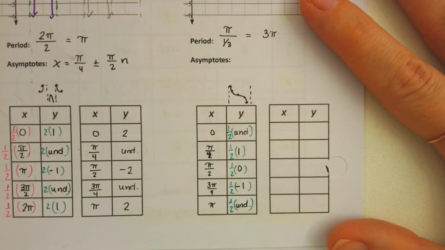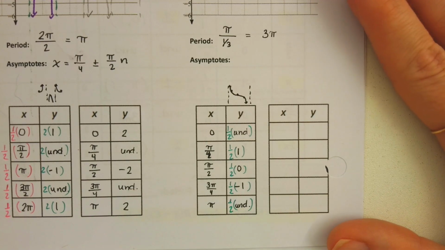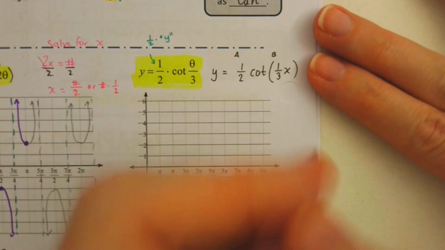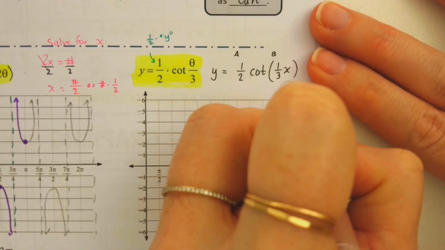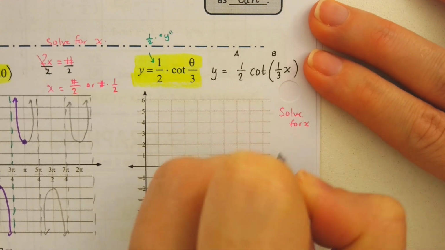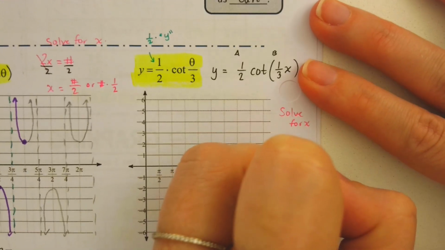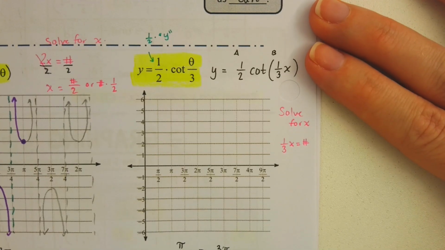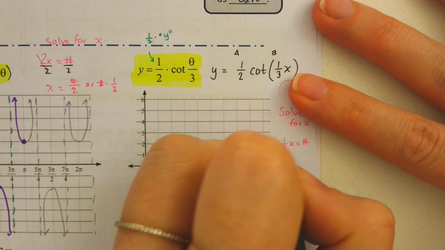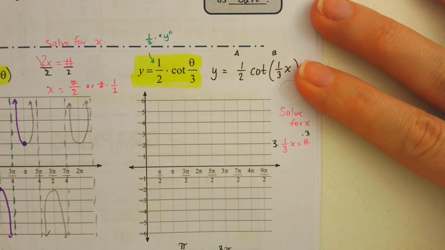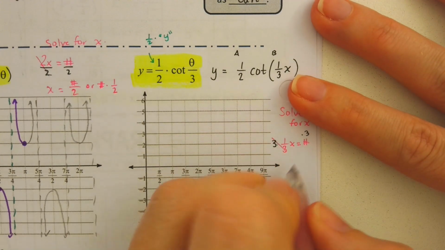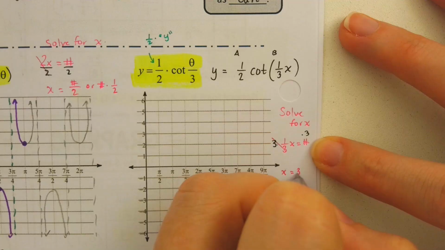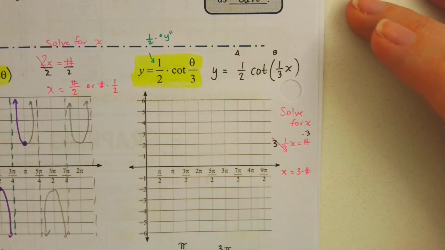And then looking at what's inside the parentheses for my x's, I have 1/3 x, so I'm going to set that 1/3 x equal to a number, and then solve for x. What is my one step to solve for x? Multiply by 3. So that's telling me I need to do x equals 3 times my numbers. So all of my x's I'm going to multiply by 3.